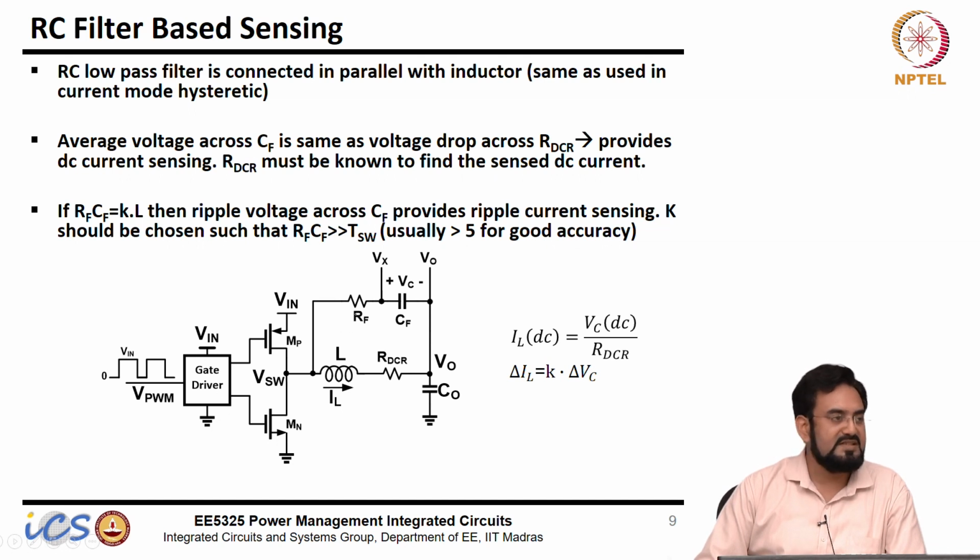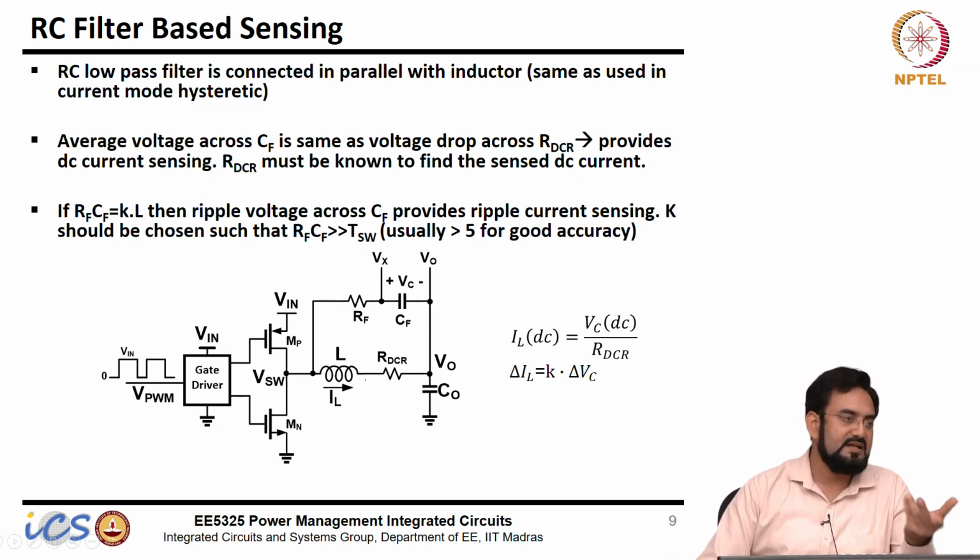There is no loss in this resistor, which means if you pass this voltage through a low pass filter, the DC voltage here and the DC voltage V out will give you the difference drop across RDCR. So, which means the voltage across the capacitor is nothing but the voltage across RDCR, and if I know RDCR, I can take this voltage difference and divide by RDCR, I can get the DC information, and this ripple will give me the Vx will give me the, okay.